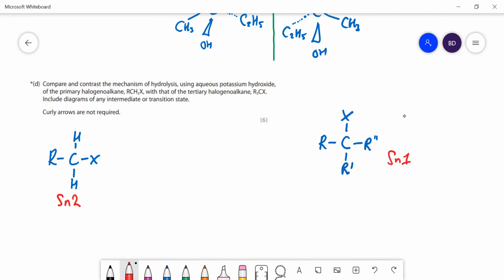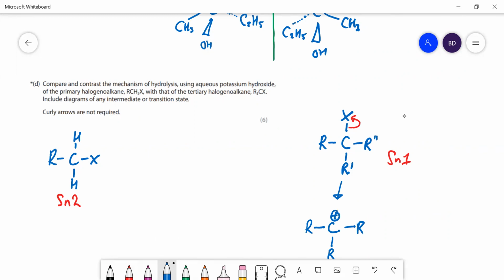Let's do the SN1 reaction first. Well, what happens is it says you don't need to draw curly arrows, right? But what's going to happen? The pair of electrons in that bond are going to go into the halogen. Okay, you don't need to draw that, but so that's going to leave behind a carbocation. That carbon has got a positive charge on it.